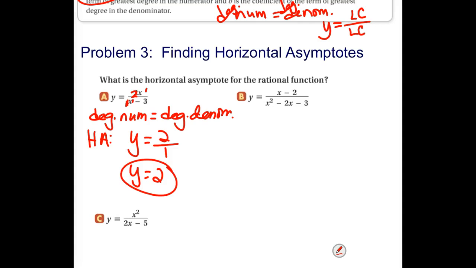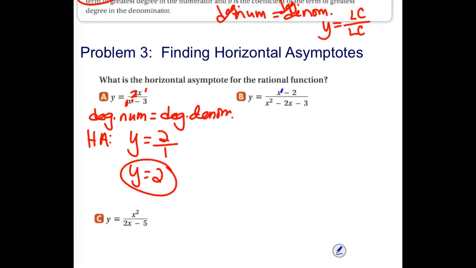Our second example, looking at the degrees. The top degree is 1, the bottom degree is 2. You're looking for degree, so it's the highest power of x in the numerator and denominator. So top degree is 1, bottom degree is 2.